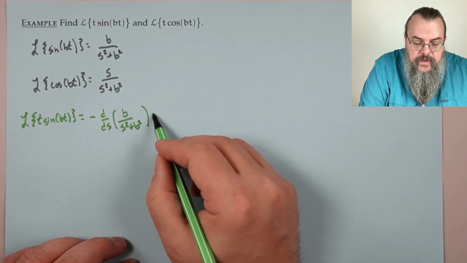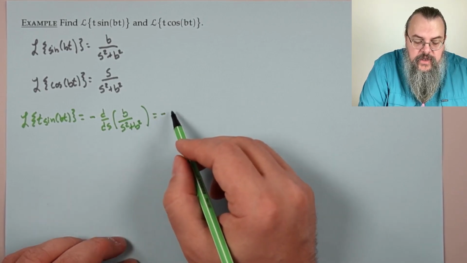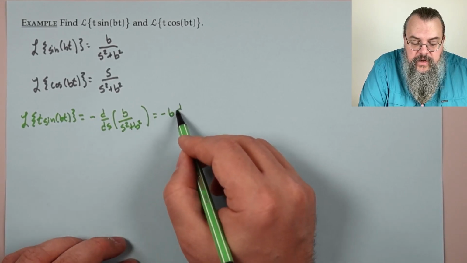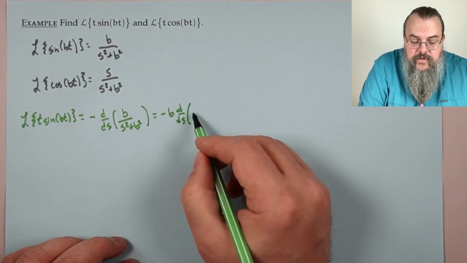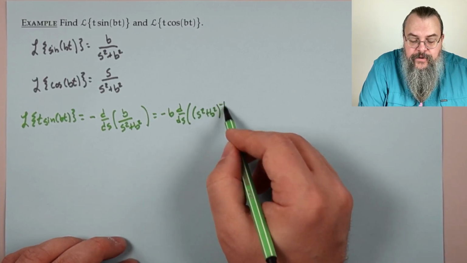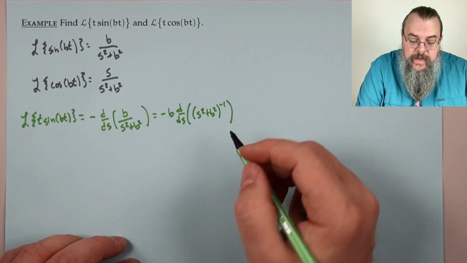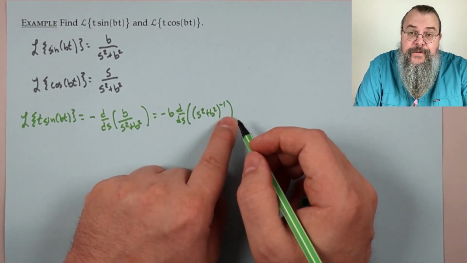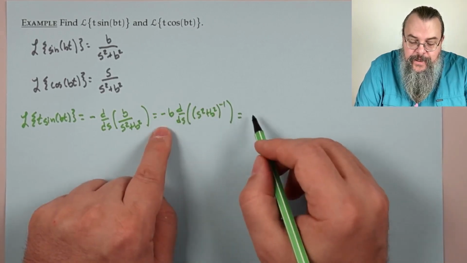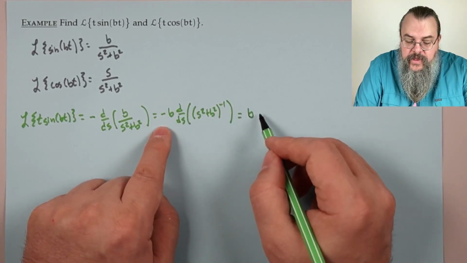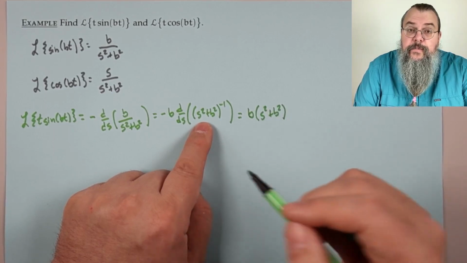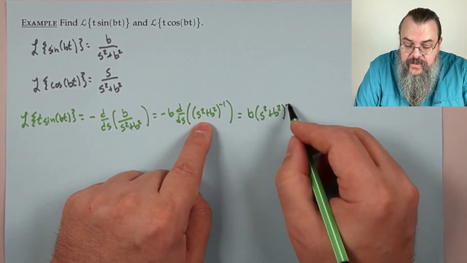Now for this one, we can take advantage of the fact, look, b is a constant, we can pull that out, and it's really saying take the derivative of s squared plus b squared to the minus 1 power. Now, what happens? The minus 1 comes down, so minus 1 times minus b becomes b. Then we have s squared plus b squared to the minus 2 power.